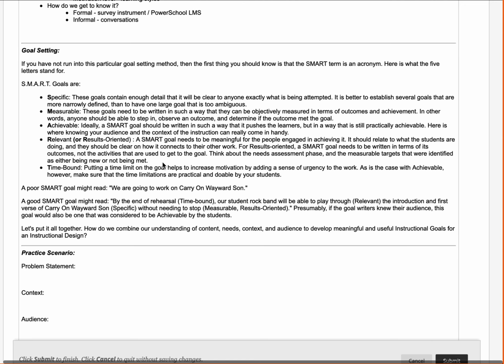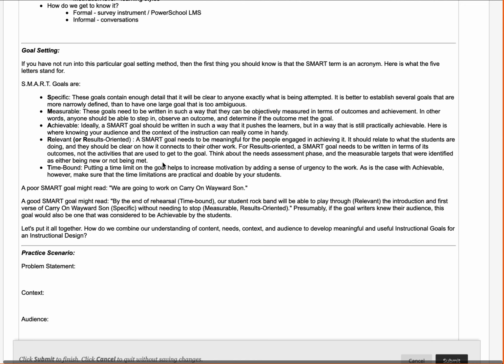And if you've got some data to back that up, or whatever specifics you have, then you've got either the audience analysis or the context analysis, or you could even blend those 2 sections together so that you lay out the framework within which the instruction is going to happen. Who's the instruction for? Where is it happening? What standards are being used? What's the instructional philosophy of the classroom or the school or the district?